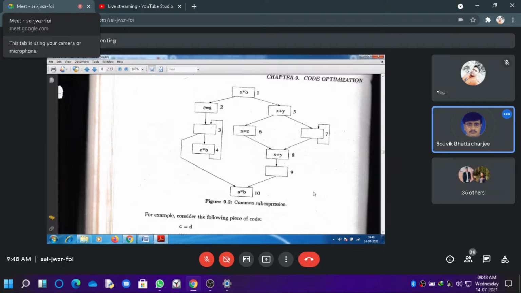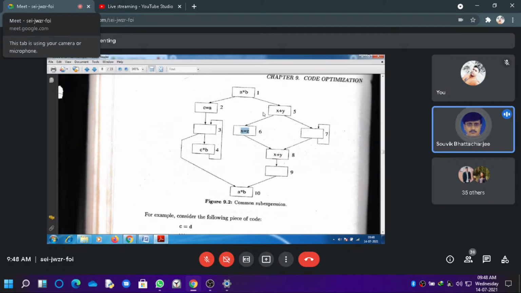Why? Because although X plus Y is used here as well as here, that is block number 5 as well as block number 8, the value of X may be modified. You just see X assigns to Z. That means the value of X has been modified here.